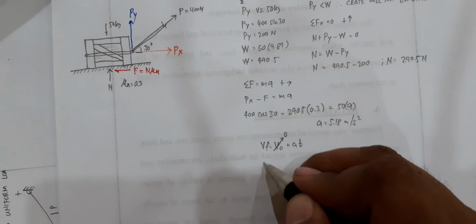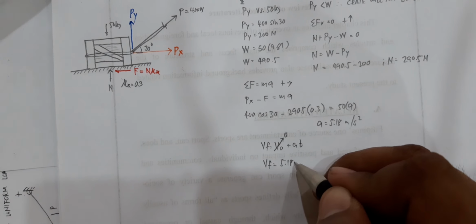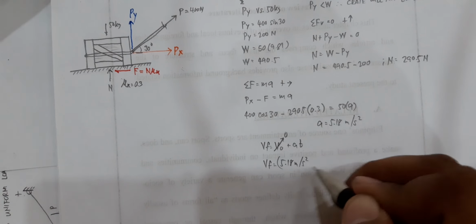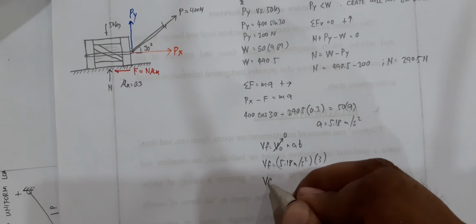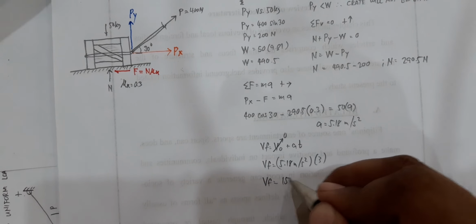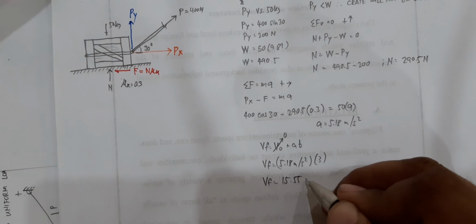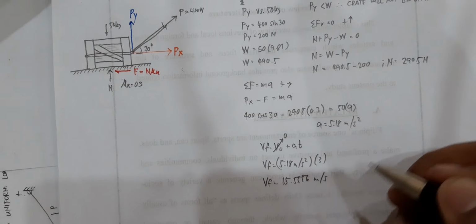So you would have final velocity after 3 seconds is 5.18 meters per second squared times 3. Okay, so you would have a velocity of 15.5556 meters per second.